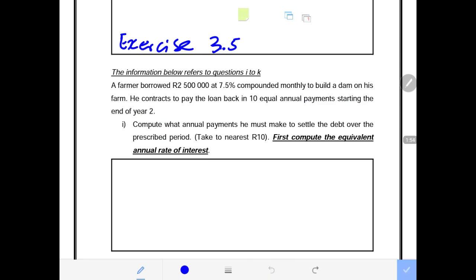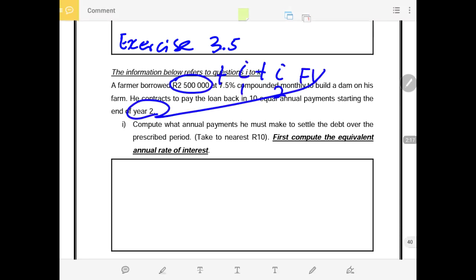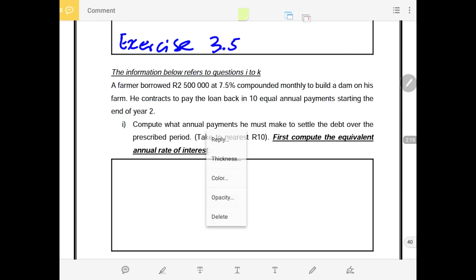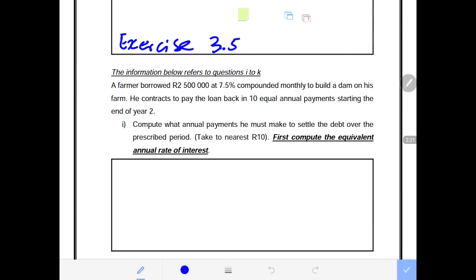Meaning, how much did he borrow at the beginning of year 1? 2.5 million, plus interest for year 1, plus interest for year 2. Then after this future value at the end of year 2, we start calculating the amount that he is supposed to pay every end of the year for the next 10 years as agreed.